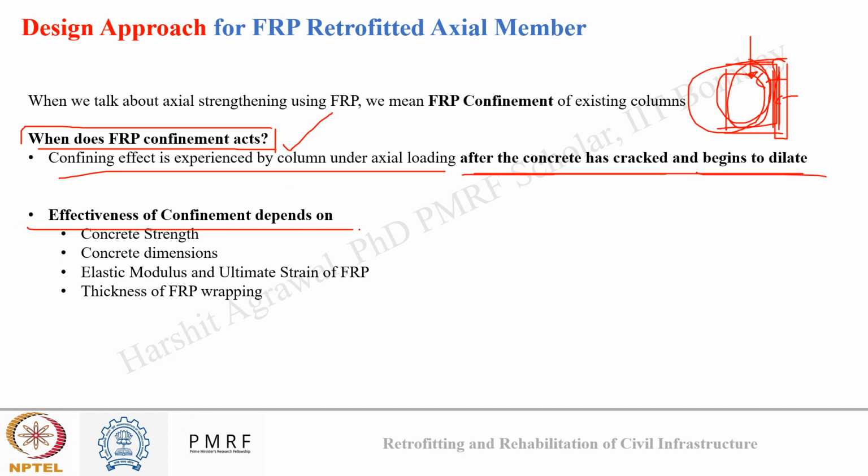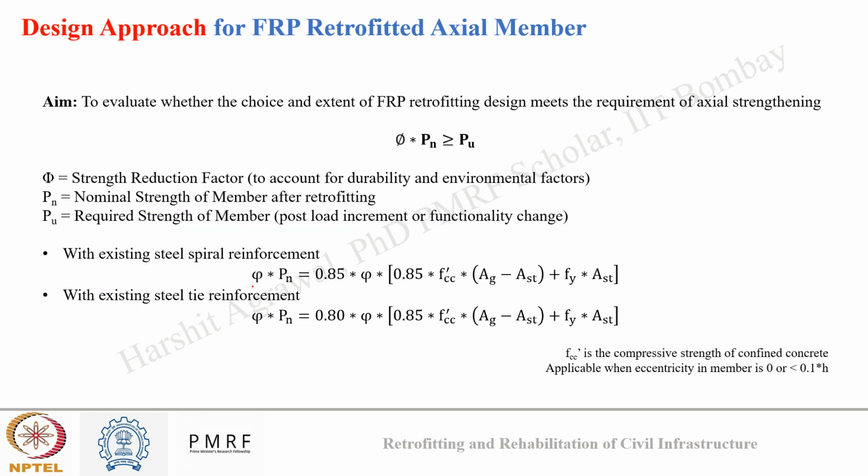The effectiveness of confinement depends upon the concrete strength, the concrete dimension, the elastic modulus and ultimate strain of FRP, and the thickness of FRP wrapping. The aim of FRP retrofitted axial member design is to evaluate whether the choice and extent of FRP retrofitting meets the requirement of axial strengthening or not.